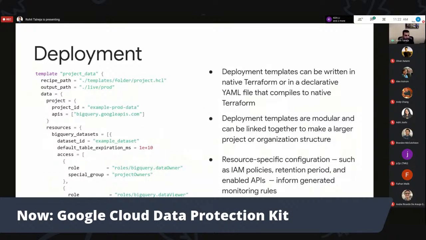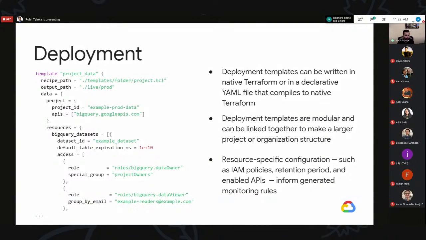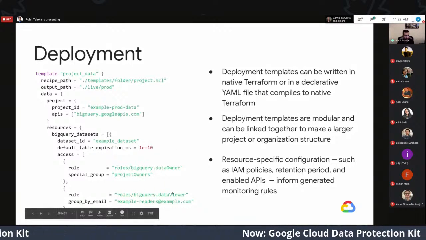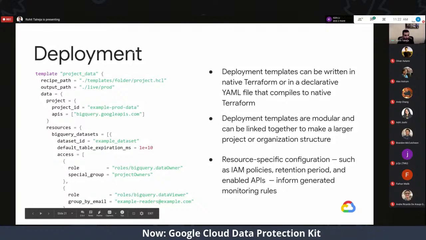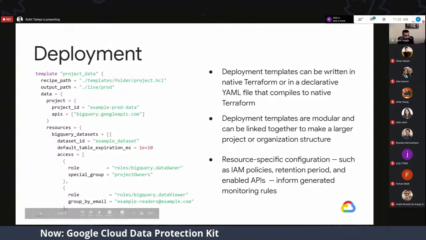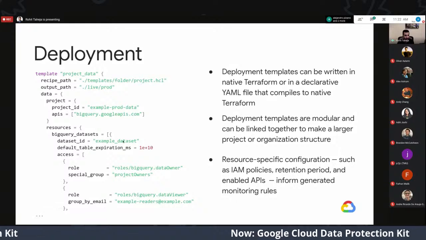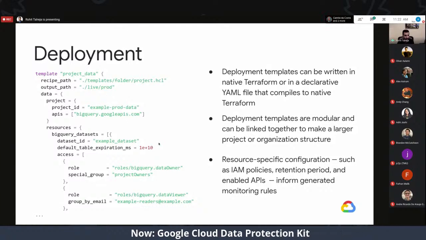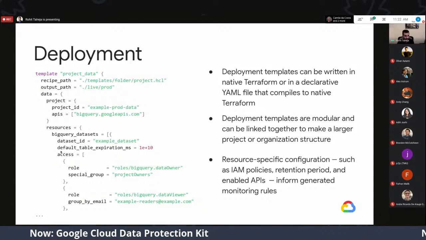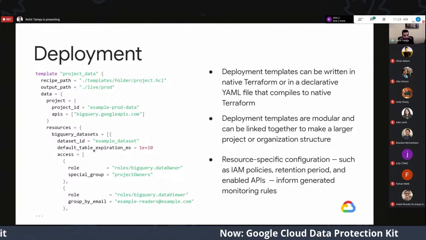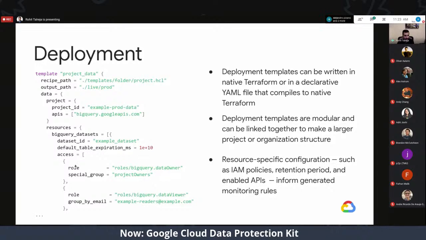So when I say it's an extensible template, what do I mean by this? We've defined these deployment templates to have modules. This module right here is setting up our data warehouse, BigQuery, for an analytics project, and some of the configuration options present here are things you'd expect, like names of the dataset, the project, etc. But also things that have security leanings. What does the data retention and data lifecycle policy look like?